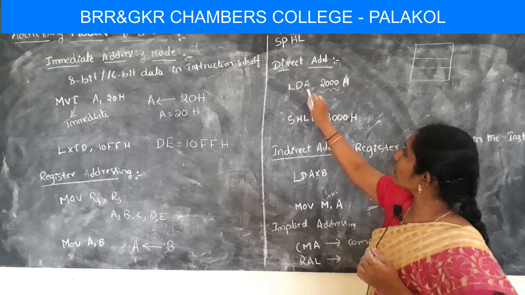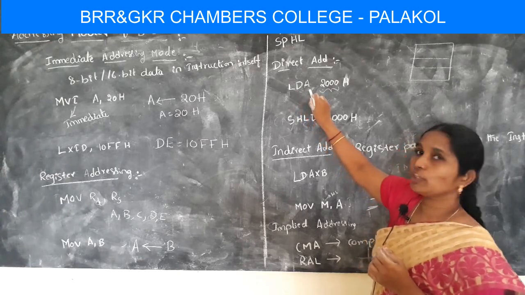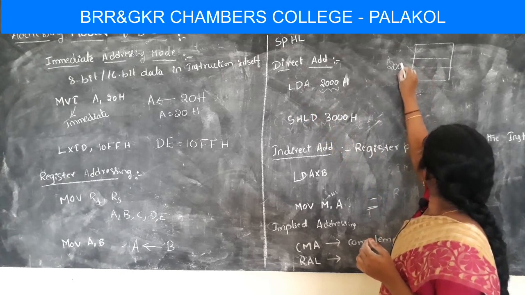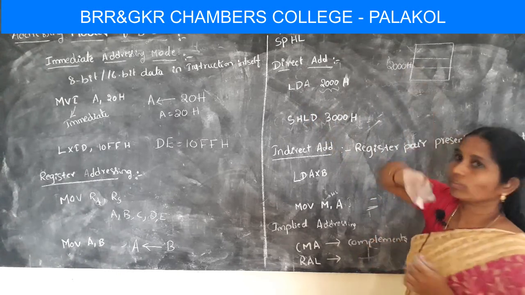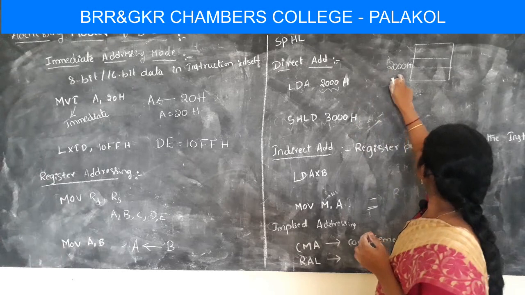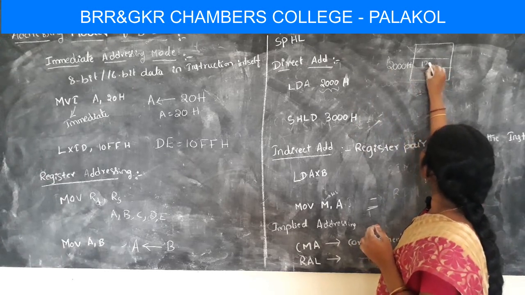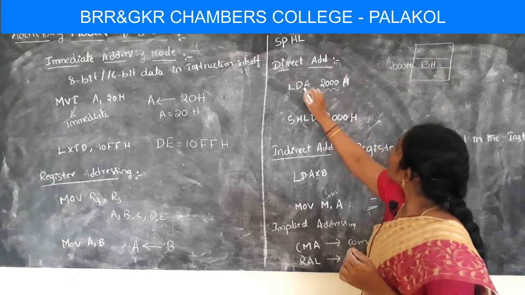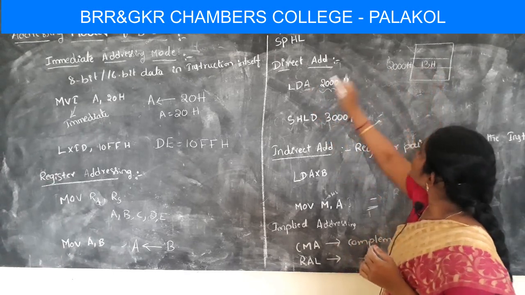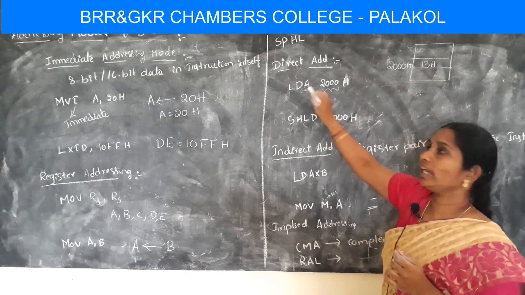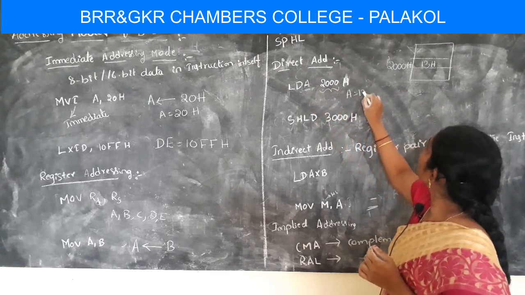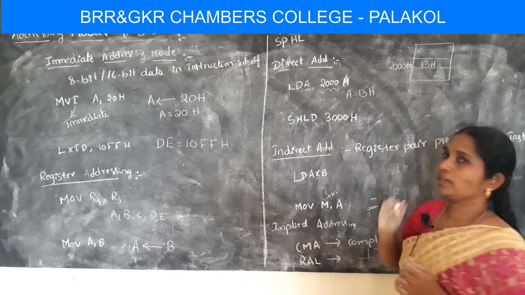This instruction is load accumulator, LDA 2000H. In 2000H some value is there, for example 13H, and that 13H is moved to the accumulator. So after execution of this instruction A is equal to 13H.